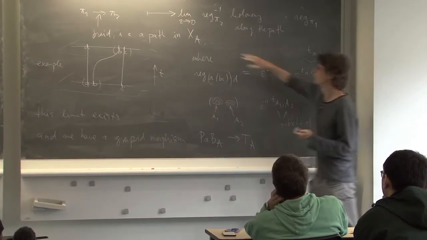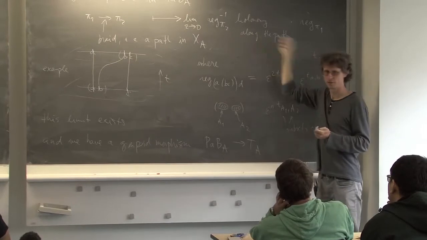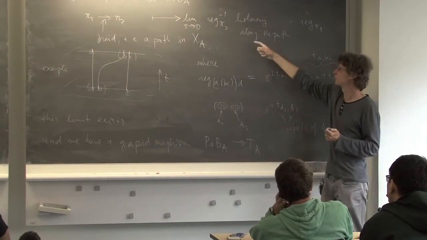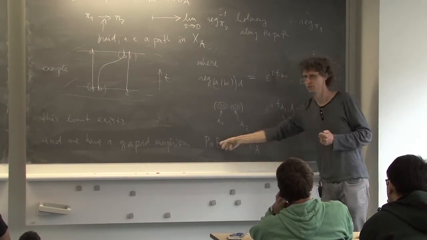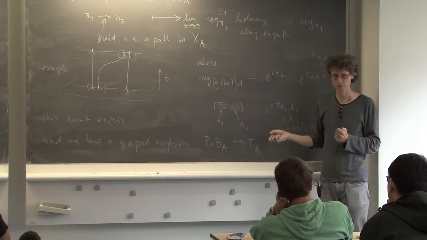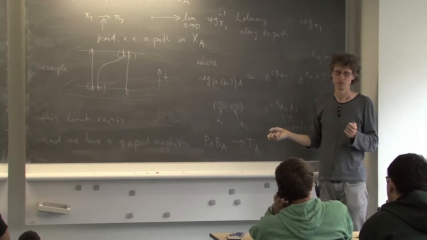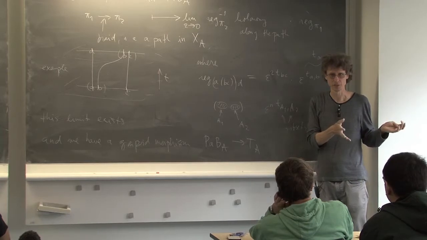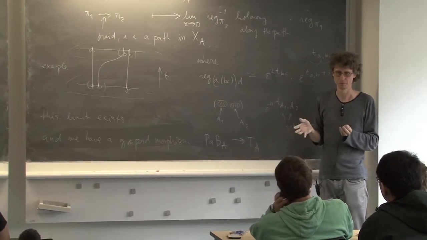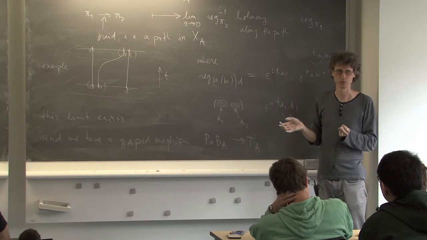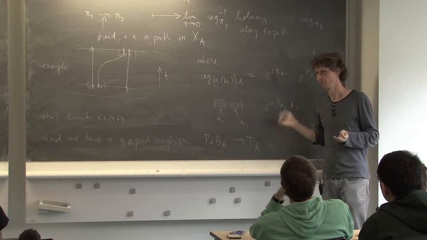Okay. So without taking the limit, everything there depends on epsilon. And so for each epsilon, that morphism is really given for each epsilon. That's fine. But then the statement is that we can take the limit epsilon goes to 0. And that's the thing that we're going to use.